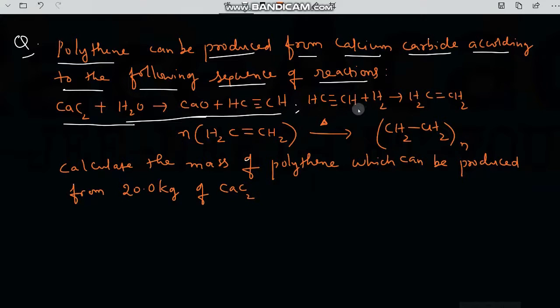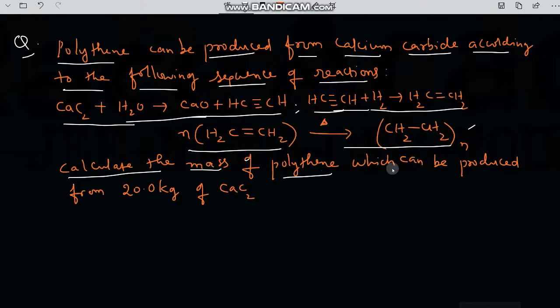This is one. Another one, acetylene hydrogenation gives ethylene. After that, polymerization is giving polythene. Calculate the mass of polythene which can be produced from 20 kilograms of calcium carbide. This is the question we have.